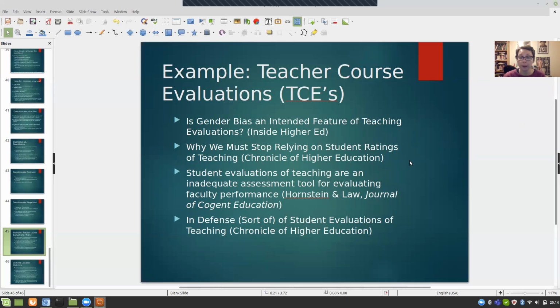They're incredibly biased and problematic, and most of the scientific literature actually says we should not use them at all. We certainly shouldn't use them as a way to evaluate whether or not somebody is effective at being a college instructor. And unfortunately, they are used a lot of times to decide whether or not people get hired into a new job, whether or not they are allowed to stay in their current job.